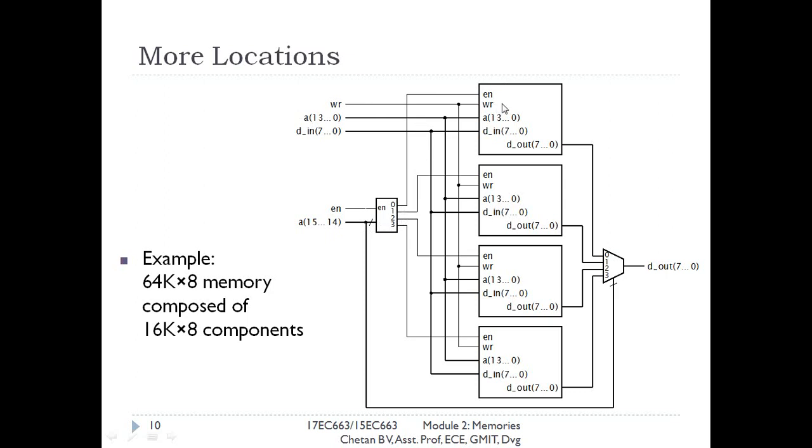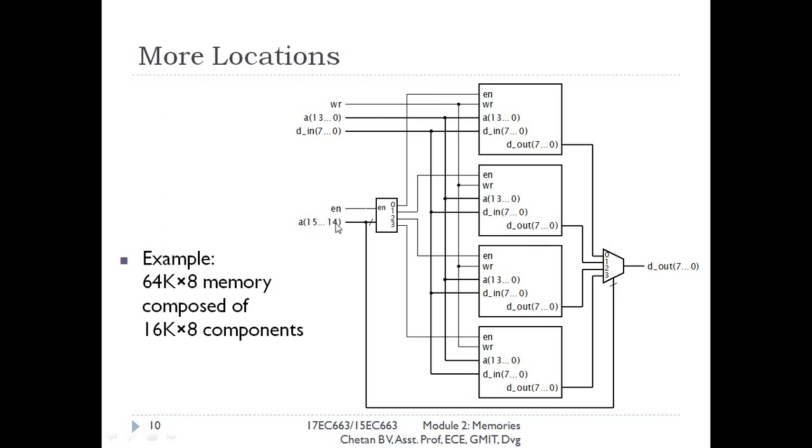Therefore, this will enable the first memory component. Once the first memory component is enabled, you can access its locations. You can perform read or write operations. The remaining memory components will be disabled, meaning you cannot perform any operation.